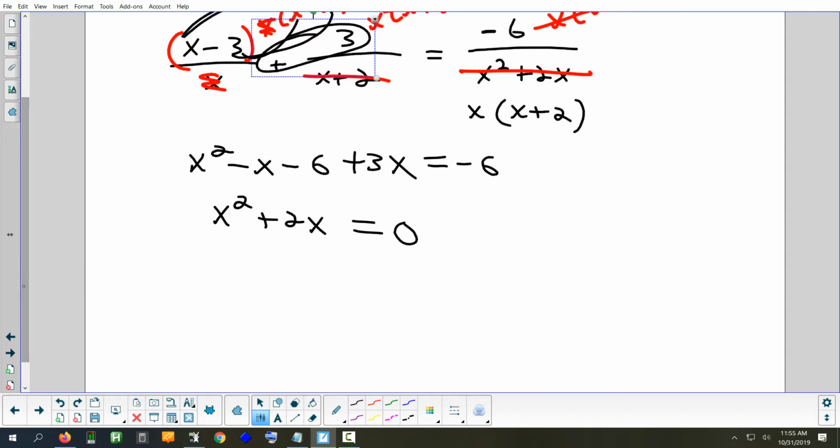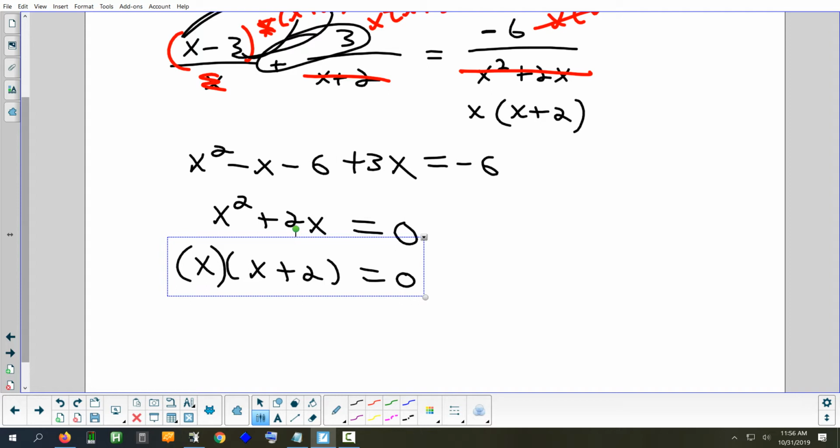Okay. What can I do here now? Take out an x. And now, what value would you plug in for x to make this first factor 0? 0. What value would you plug in for x to make the second factor 0?